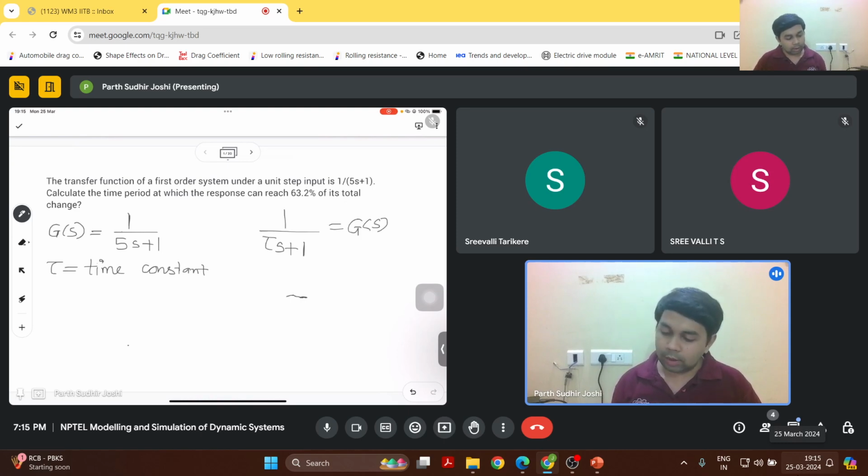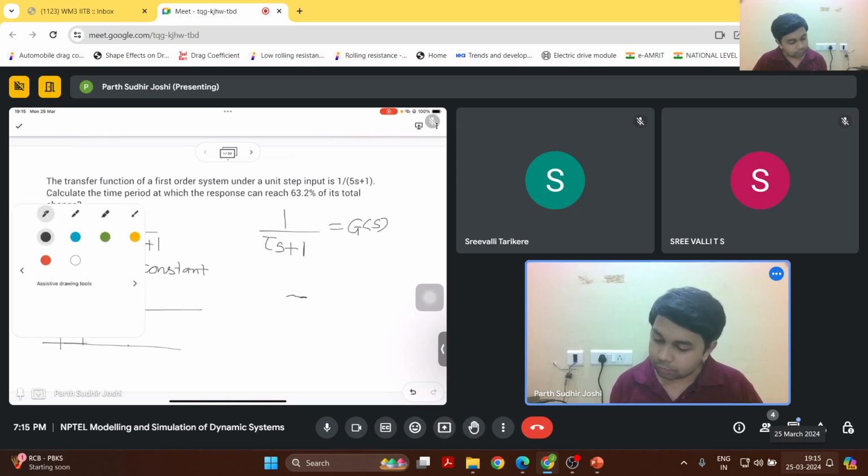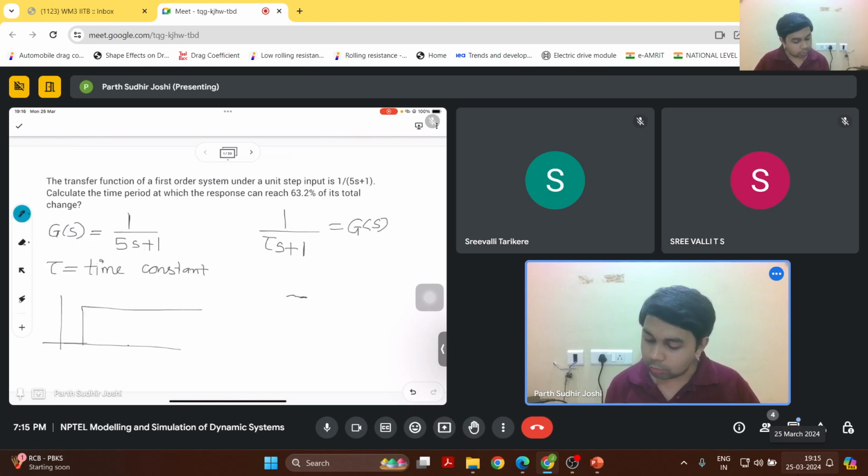So let us say if we apply a step input, and then I'm drawing the system's response. The system starts again at 0 at this point, and then it will steadily rise to the steady state value.